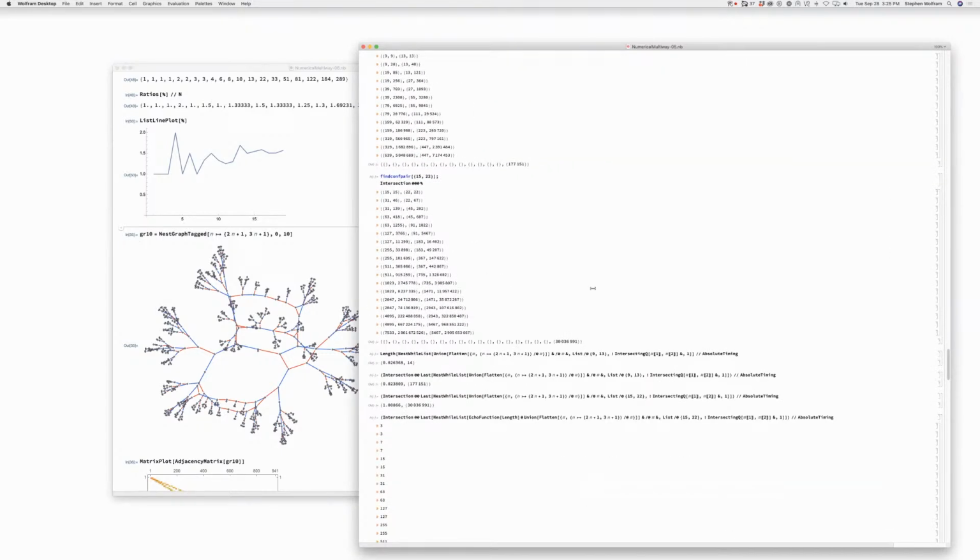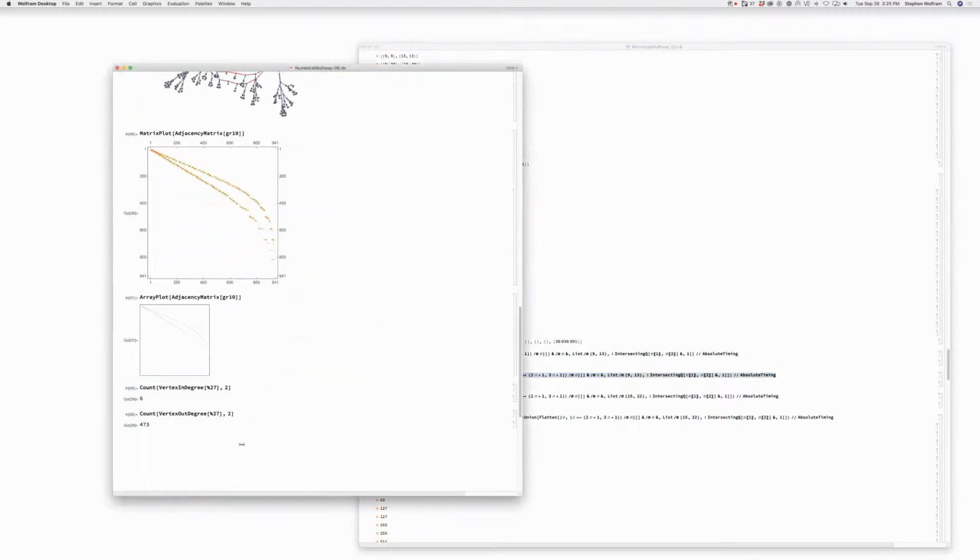Okay, so I have a version here that asks the question, given that we start off from, this is a computation of merging. Given that we start off from the branch pair 9, 13, how long does it take to merge?